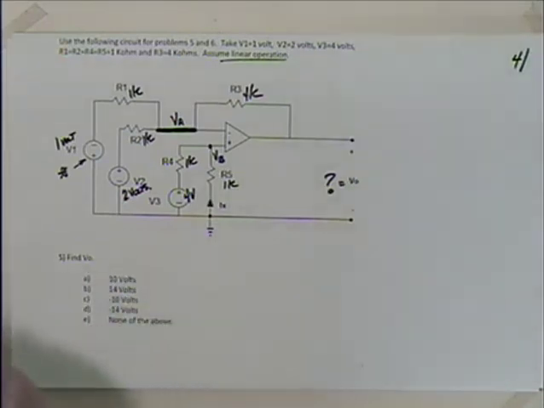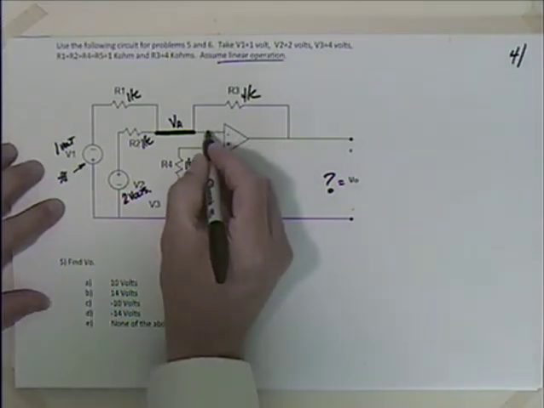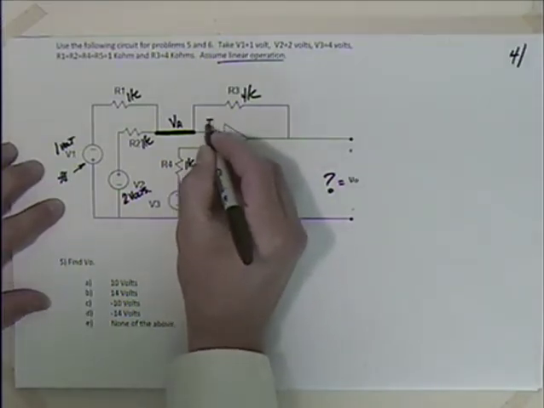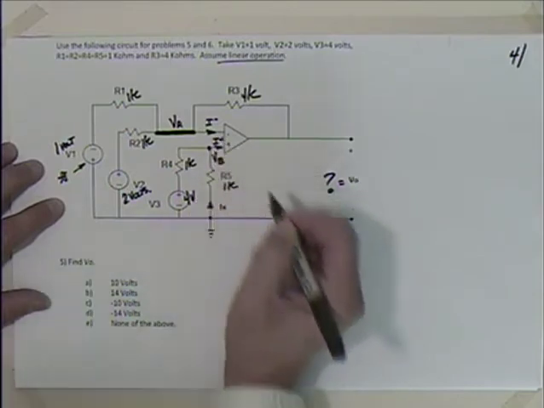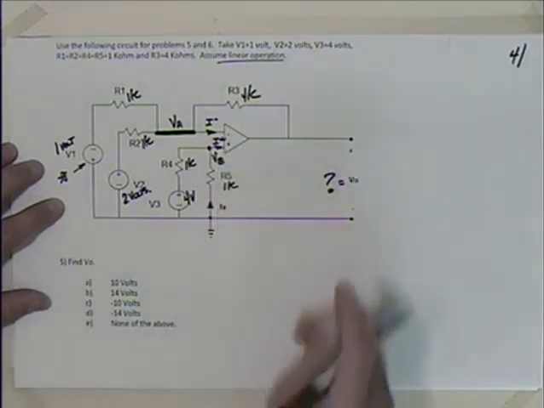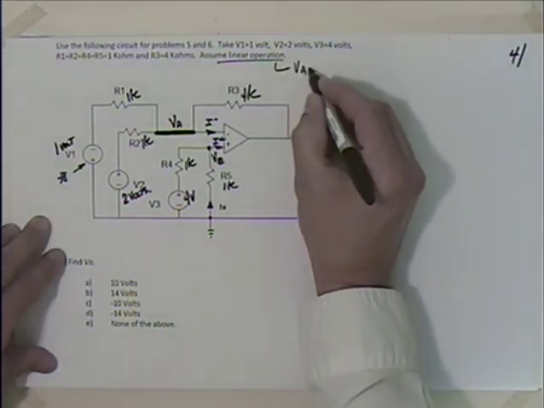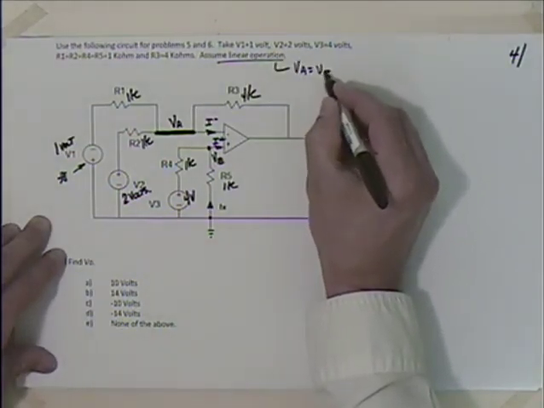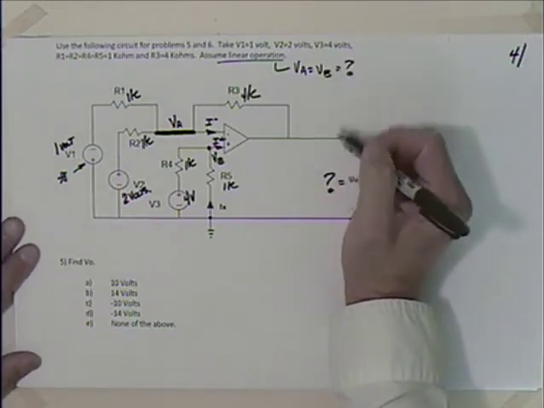And what could we say about this current here? We could say that's I minus, and this one here, I plus. Okay, so with linear operation, we know that VA is equal to VB. Have no idea what that's equal to, but I do know they're the same.